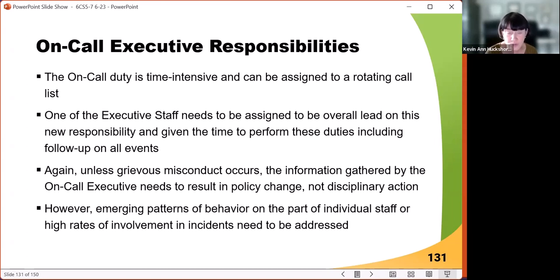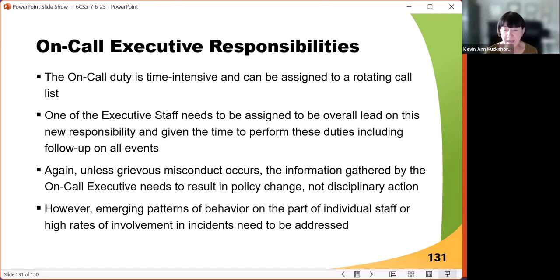Unless grievous misconduct occurs on the part of staff, no disciplinary action should occur. This kind of information should also result in policy changes.